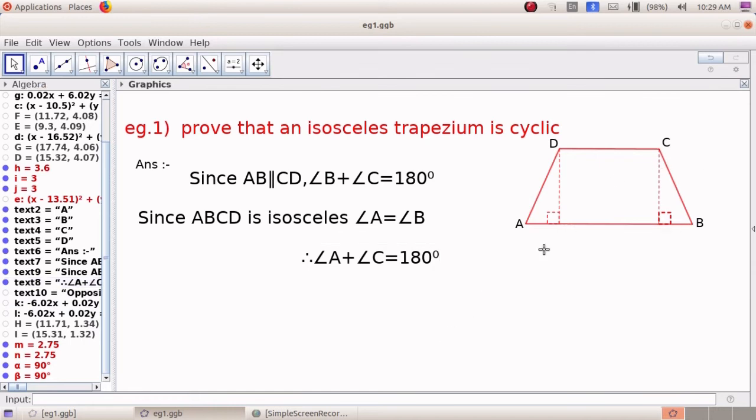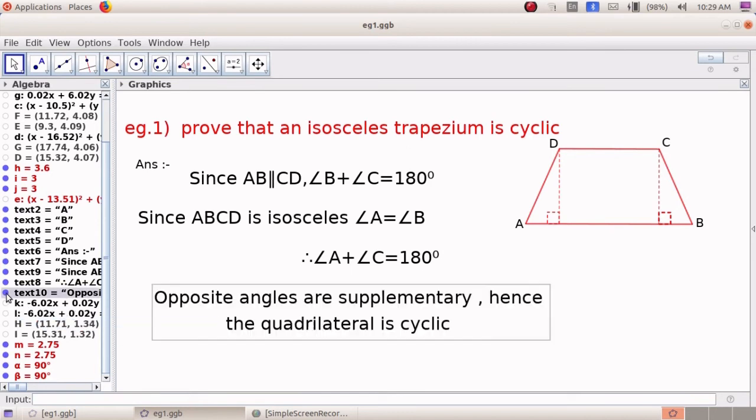That is, one pair of opposite angles of this quadrilateral gives a sum of 180 degrees, that means that quadrilateral will be cyclic. Since the opposite angles are supplementary, this quadrilateral is a cyclic quadrilateral, that means an isosceles trapezium is cyclic. Hence we have done.